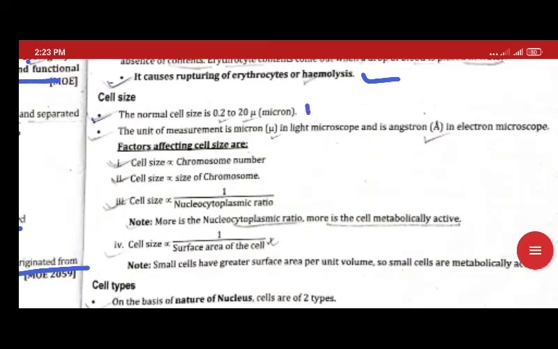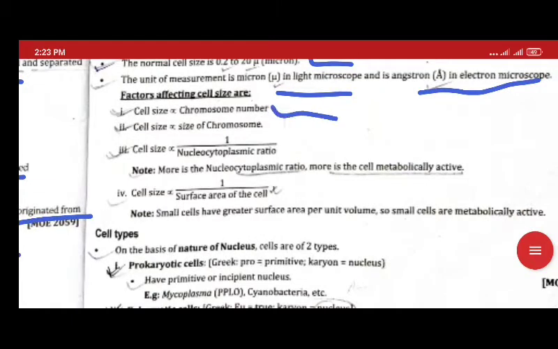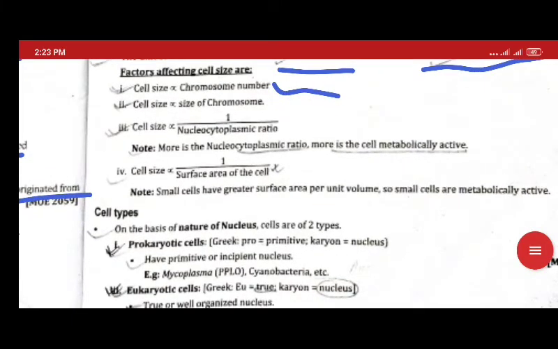Now cell size. Normal cell size is up to 20 microns. A micron, mu, is 10 to the power minus 6. Microns are used in the light microscope, and angstrom is used in the electron microscope. Now factors affecting cell size. If cell size increases, chromosome number also increases, and size of chromosome also increases.